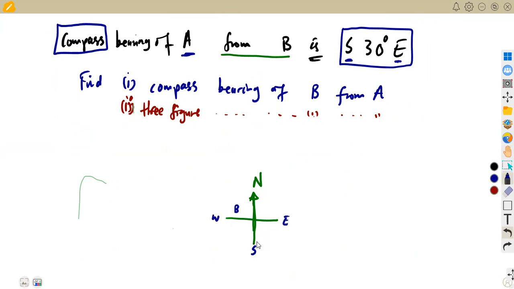We are moving from south to the east, a certain angle of that. As we are moving to the east, we are just going to move 30 degrees this direction, but we are not supposed to exceed the east because we are limited to the east. The direction is south to the east.